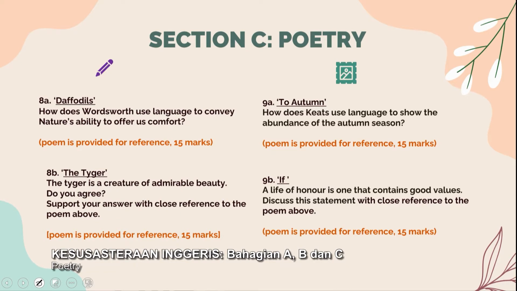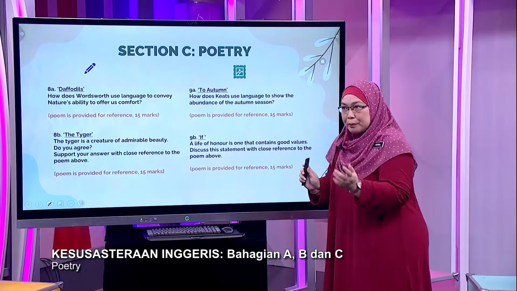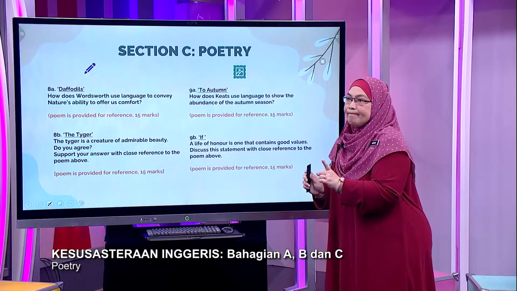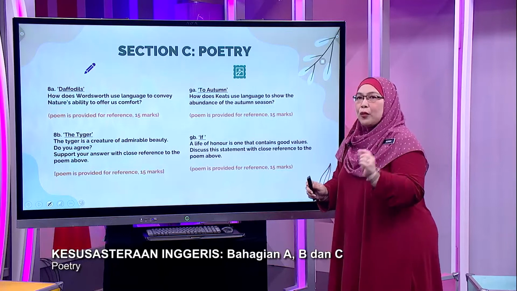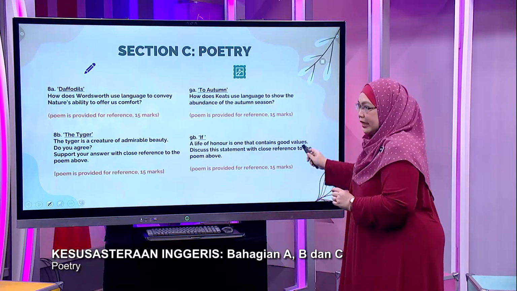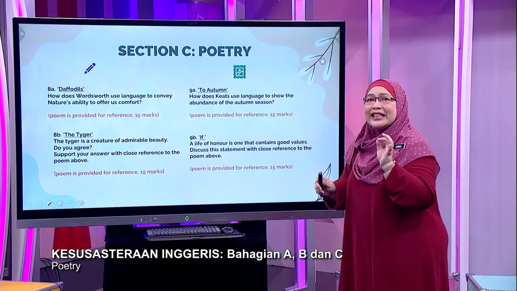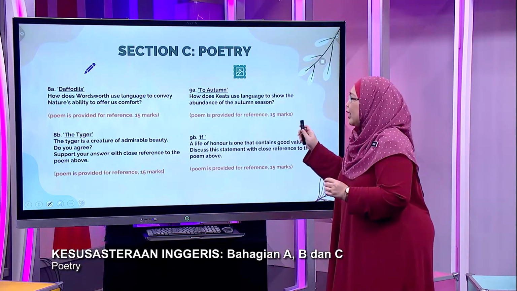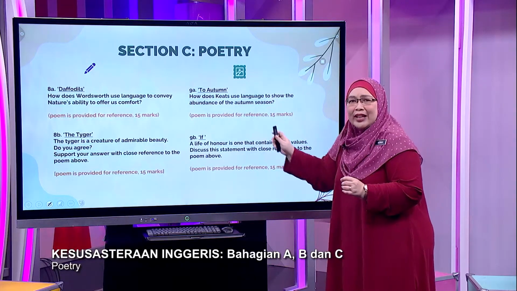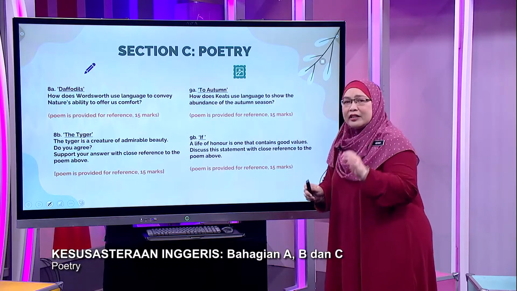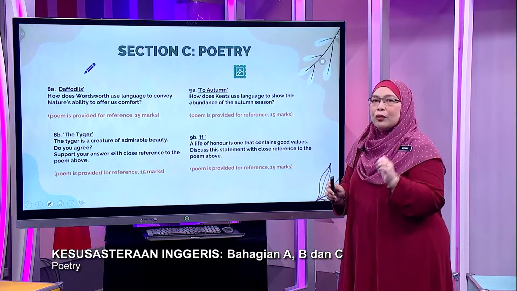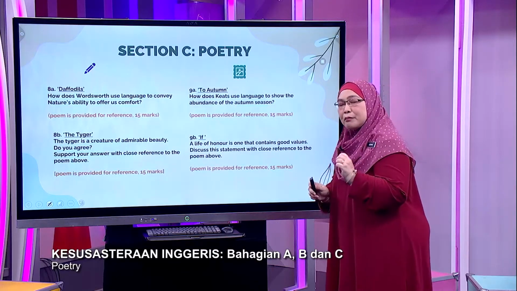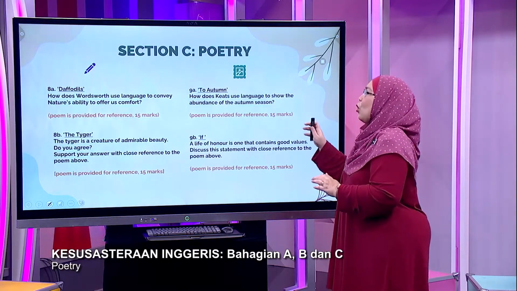The first thing you need to do when you open section C is decide: do I want to do Daffodils and Tiger, or do I want to answer Autumn and If? Candidates cannot say, I would like to mix and choose, because the pairings would have already been set. That's why we always tell our candidates, be sure to know all 10 poems.